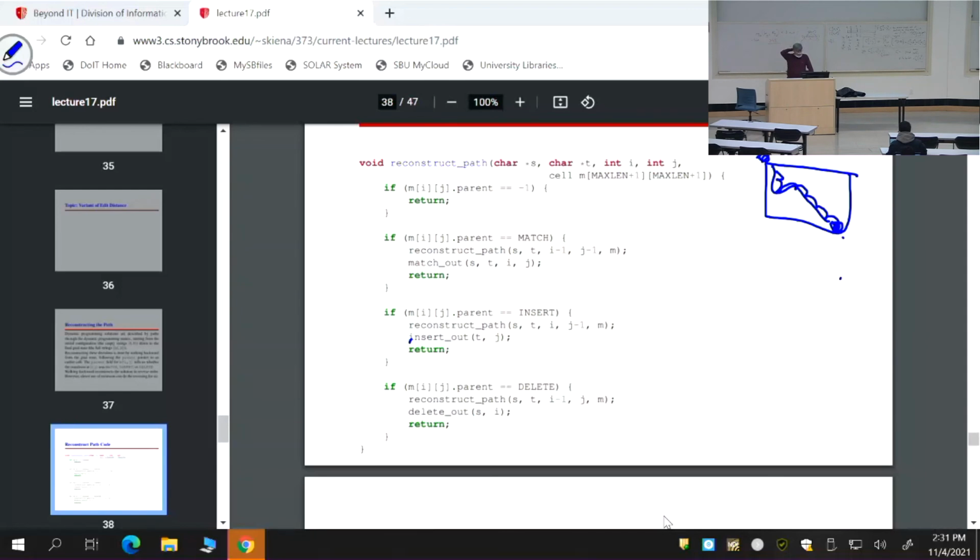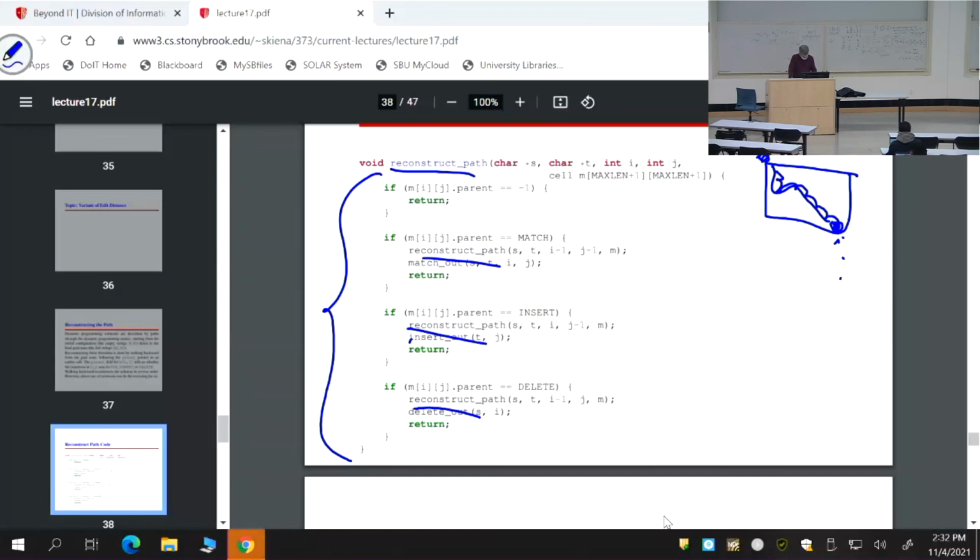Okay? And just like when we were reconstructing shortest paths, okay, from the shortest path spanning tree, there is a simple recursive algorithm that will reconstruct that path. We want the path that goes from the beginning to the end. We know where the end is. How do we print the path out in order?